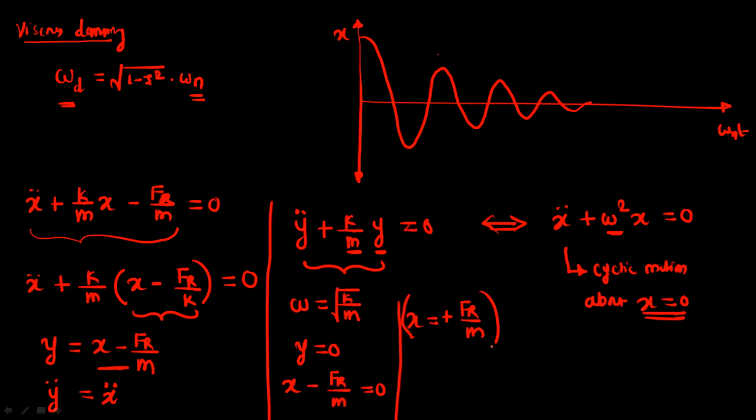About this point, mass is performing the simple harmonic motion with the frequency square root k upon m. It is only for the half revolution or half oscillation, that is from right side to the left side. Okay, so where is this point? x is equal to plus fr upon k. So this is x is equal to 0.